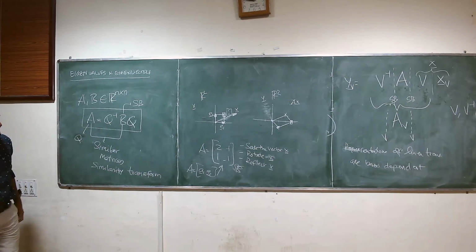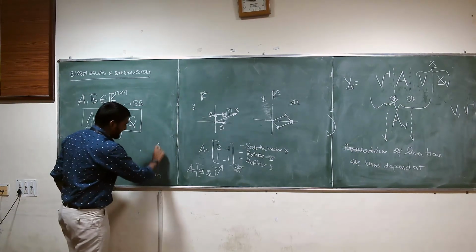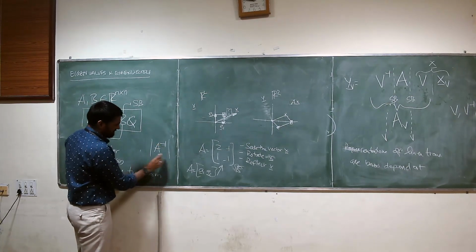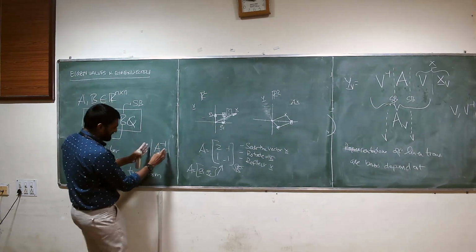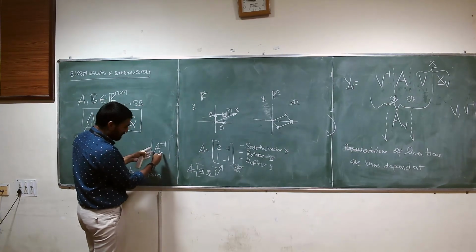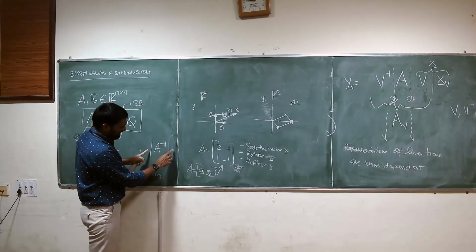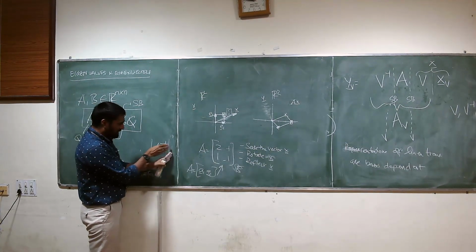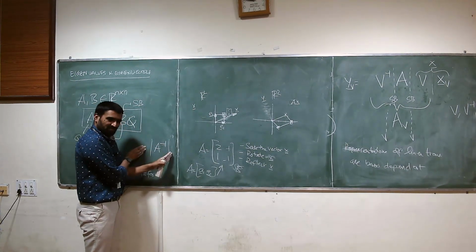Like I said in the last class, whenever you see an A inverse or some matrix inverse, say it's a long formula and you see A inverse in the middle, one possible interpretation is that whatever comes in, if it comes in the standard basis, you are transforming that into the A basis.